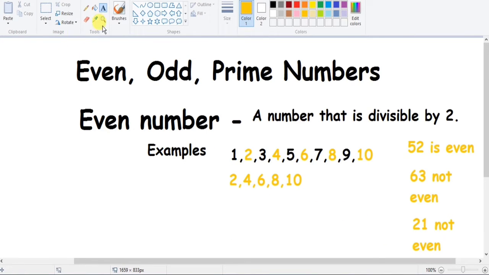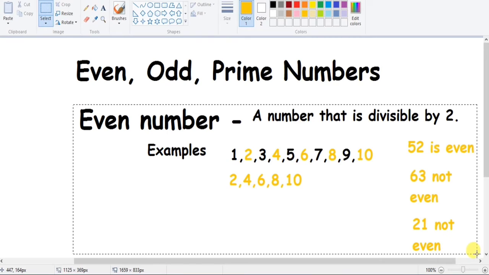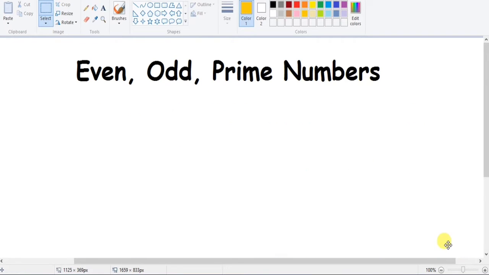The next number that we are going to talk about is the odd number. So let's go to the odd number. What is an odd number?